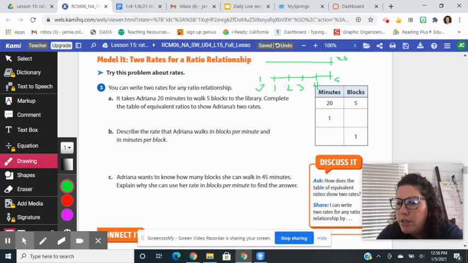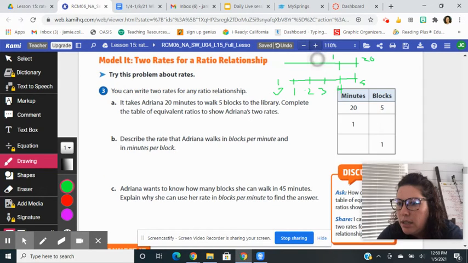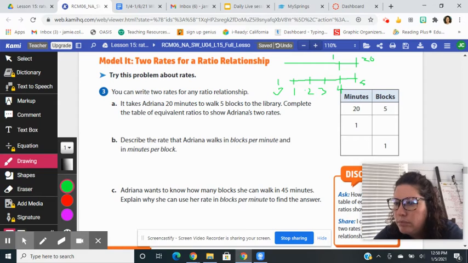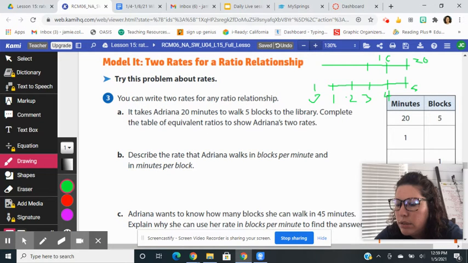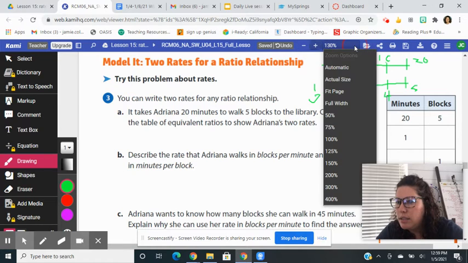Okay, so then I'm going to do the same thing here. So 5 times 4 is 20. So 4 times 4 is 16. There you go. 3 times 4 is 12. Okay, sorry, it keeps putting this. Go back.